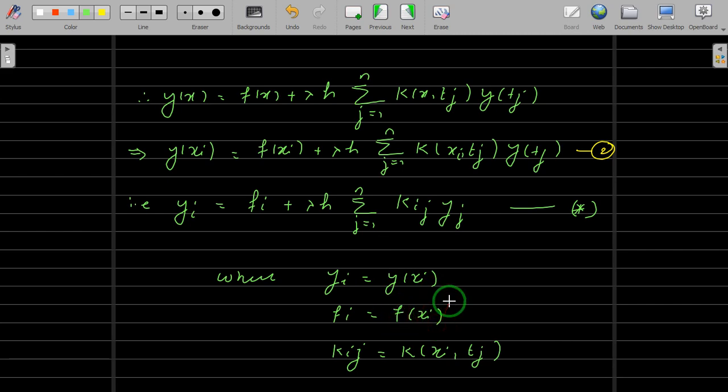And these xi and tj values you know, because you are dividing the interval into n equal parts, and then we are writing those points as x1, x2 up to xn and t1, t2 up to tn. So if you see equation star, there are n equations and n unknowns, where fi are the values you know, kij you can find, so the unknowns are yi's.